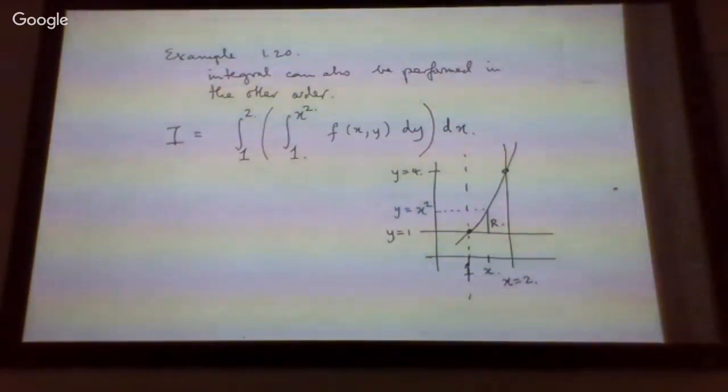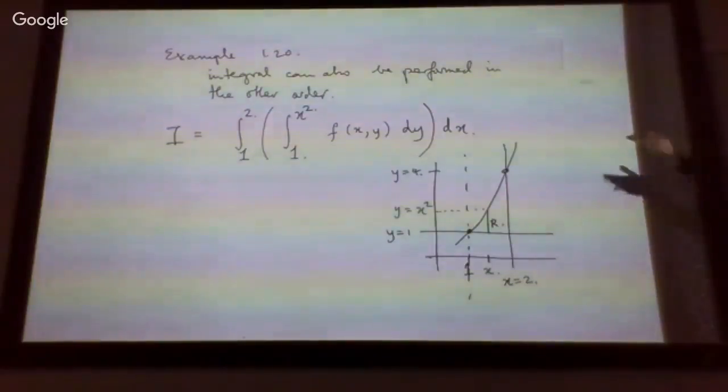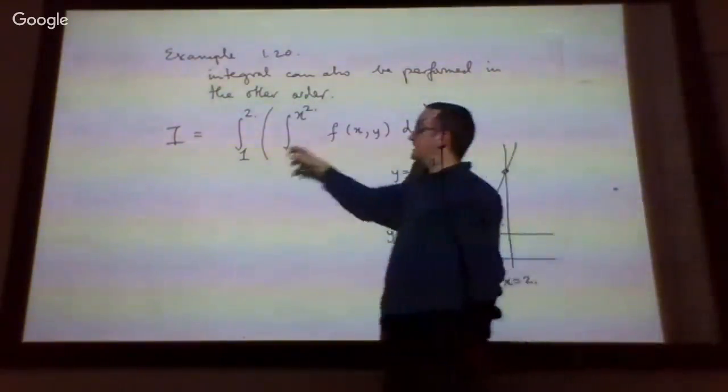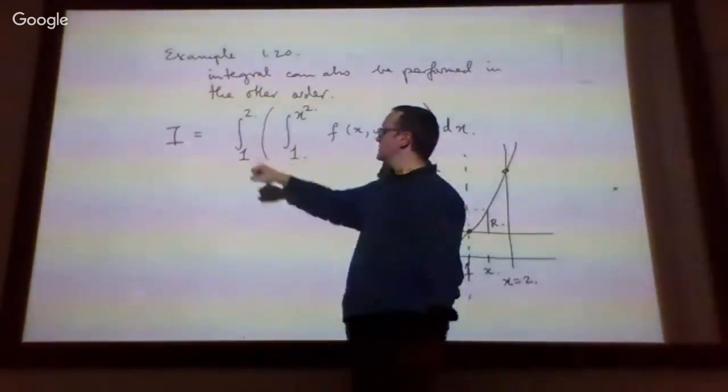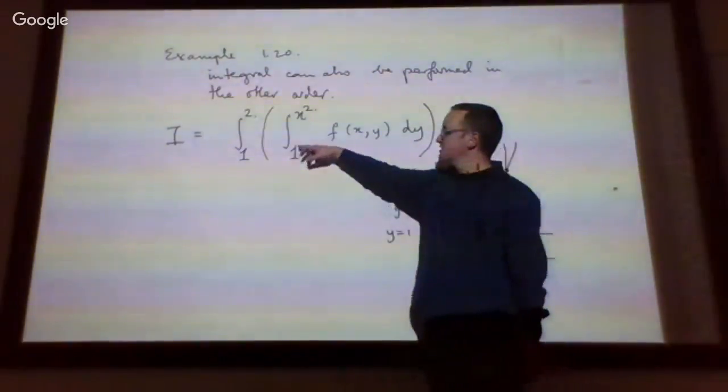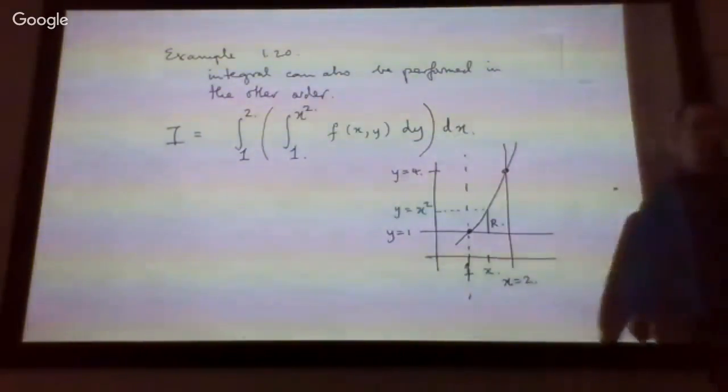So the original order, we were integrating y from 1 to 4 and x from square root of y to 2. But when we do it in this other order with x on the outside, you're integrating x from 1 to 2 and y on the inner integral from 1 up to x squared. Okay.